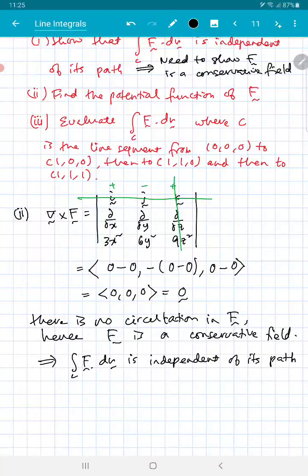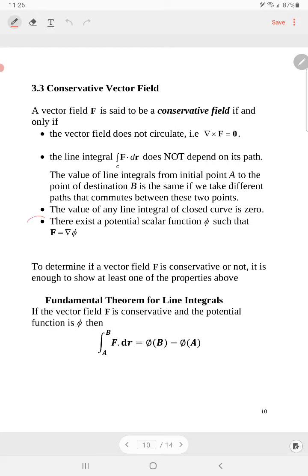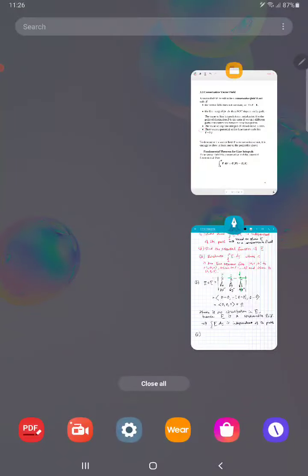Okay, so now the second part. If F is conservative, then we know from the properties of a conservative field that there exists a potential scalar phi such that F is equal to the gradient of phi. So we want to find phi now.